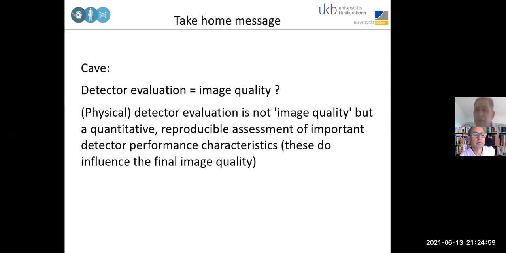They are influencing it, but this is not the same. This is usually very mixed up when I'm going around and talking to people. So image quality is related to detector evaluations, but the detector evaluation is not image quality. Image quality definitely has more parameters than the detector.